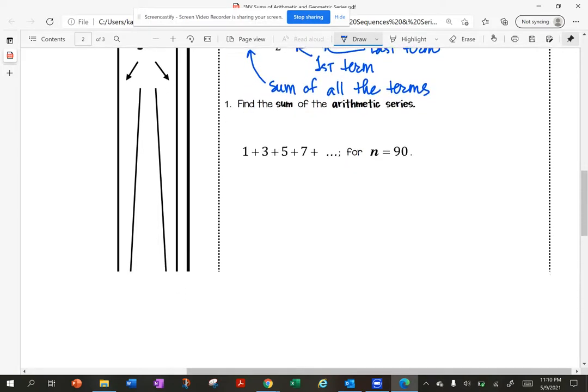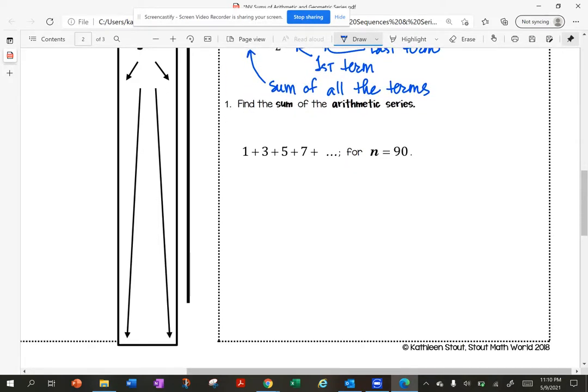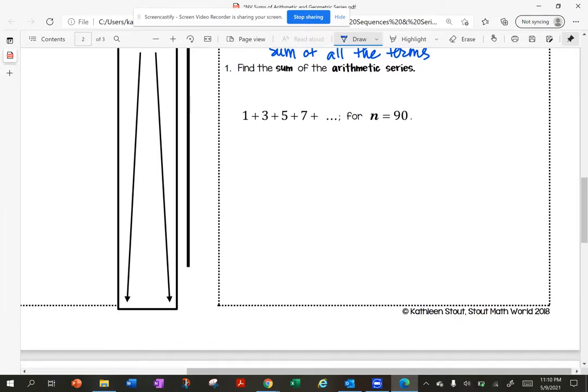Okay, find the sum of the arithmetic series. So I'm going to start out with my terms: this is my first term, my second term, my third term, my fourth term, and I don't know what my nth term is, but I do know I have 90 terms.